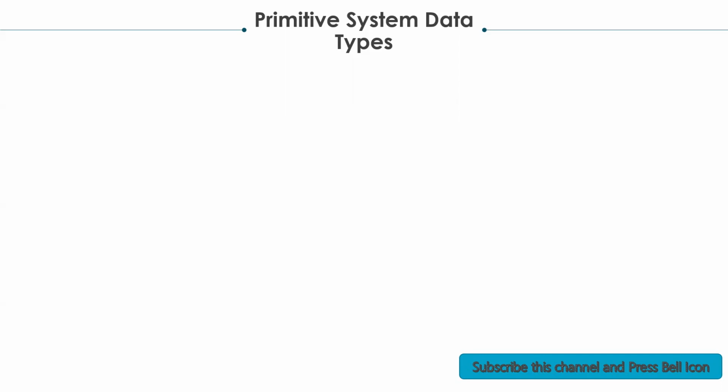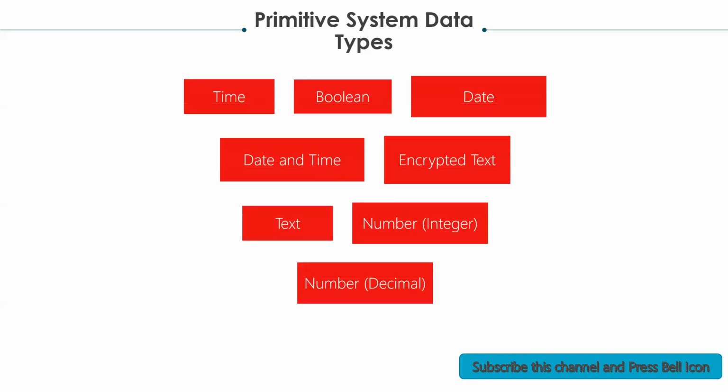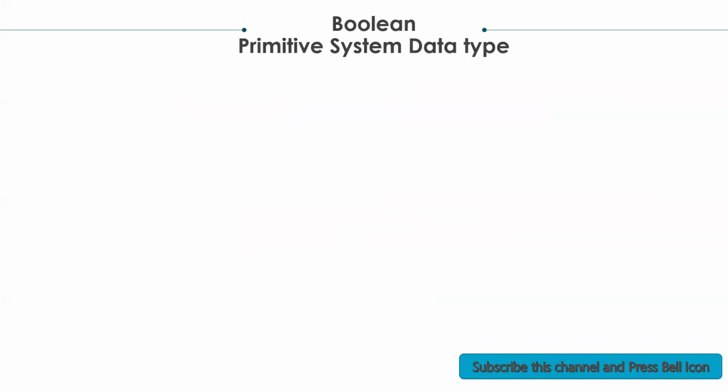Each system data type can be used to store either a single value or a list of values. We have 8 primitive system data types in APN, which are Boolean, date, date and time, encrypted text, number decimal, number integer, text, time. We will go through each of them one by one.